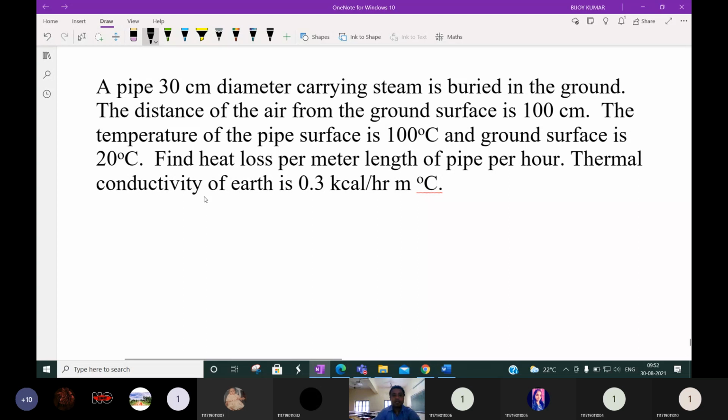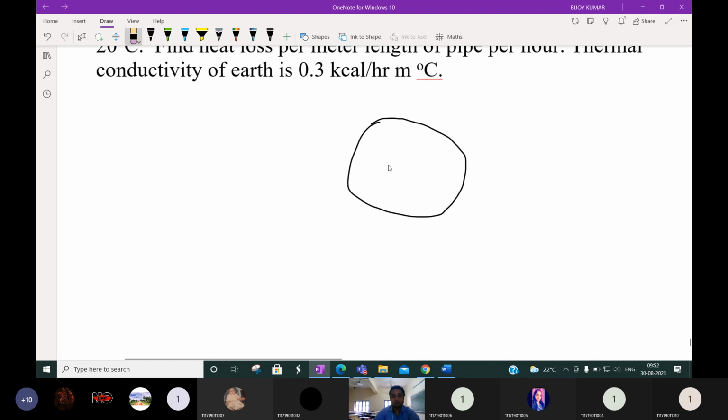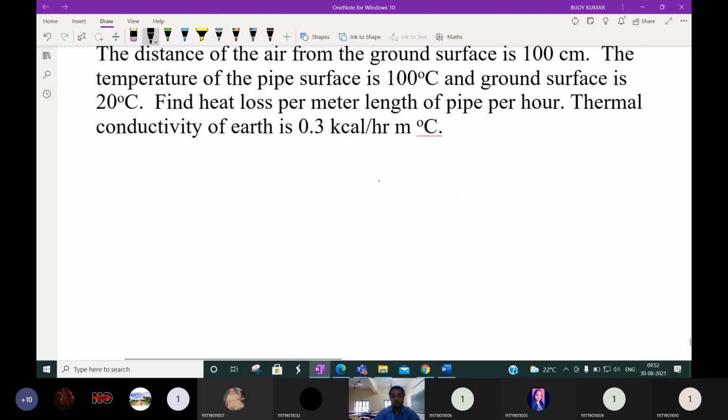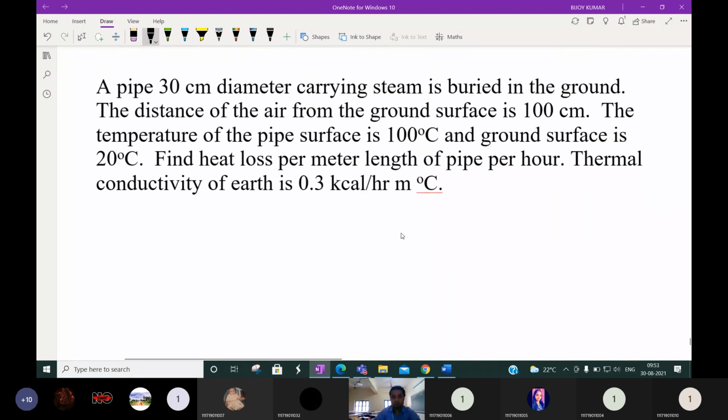So it is given first a pipe of 30 centimeter diameter is carrying the steam. Suppose this is the pipe.